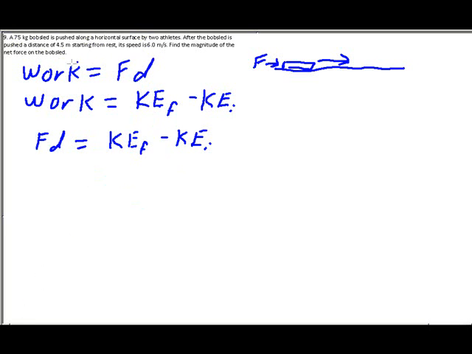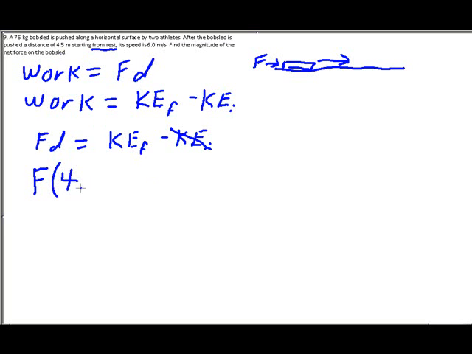We have a key word, or phrase, right here. It is from rest that this begins. Therefore, there is no initial kinetic energy of the system. So what we want to know now is what the net force is. We know that this force is going to be applied at a distance of 4.5 meters.